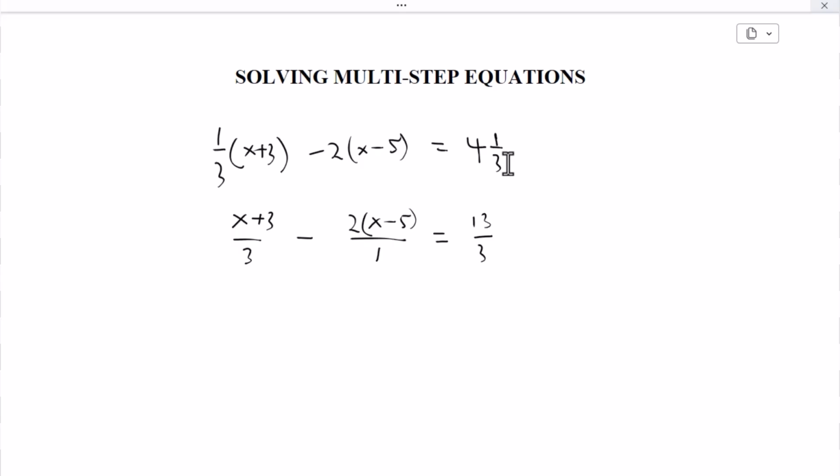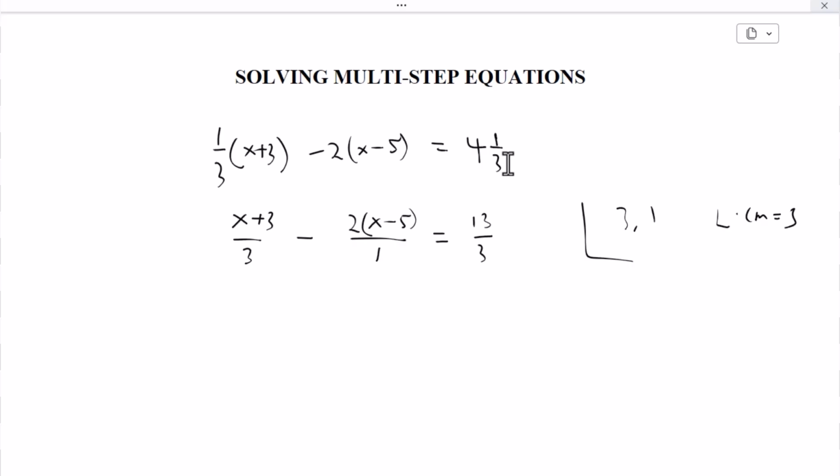Now, we can see that we have just two numbers over here, that is 3 and 1. And the least common multiple in this case is just 3. So we multiply through the entire expression with 3.